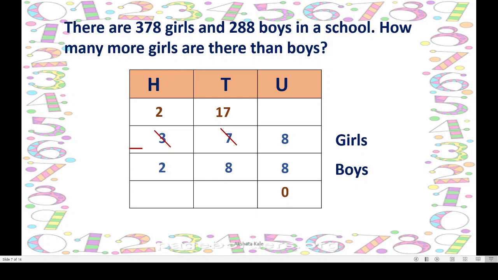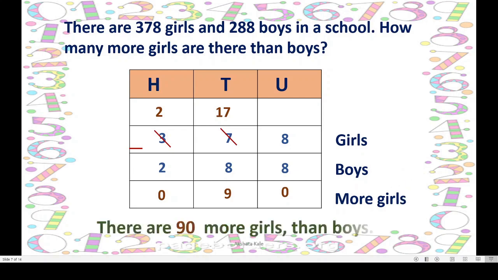Now 17 minus 8 is equal to 9. And 2 minus 2 is equal to 0. So 90 more girls are there than boys. We will write answer like this. There are 90 more girls than boys. Got this? This is the method of solving the sum, that is word problem.